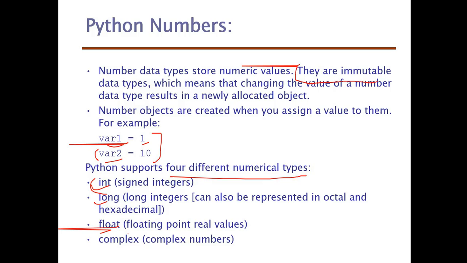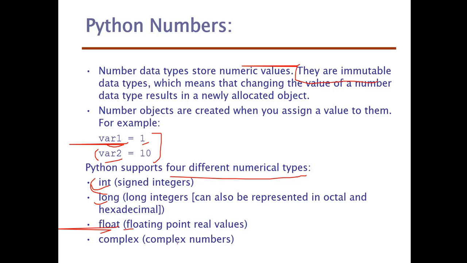This value is represented by the float class and it's a real number with a floating point representation. It is specified by a decimal point. Optionally, the character E followed by a positive or negative integer may be appended to specify scientific notation. This is the actual scope of float.